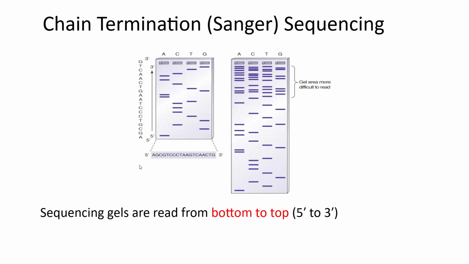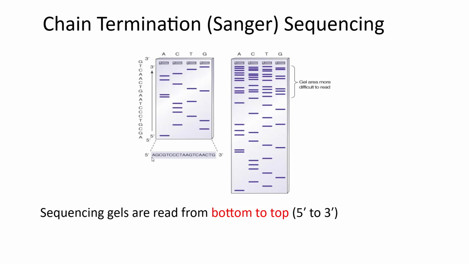If we incorporate a regular nucleotide, and let's say we only have A's in this tube, it's going to incorporate an A, and then another A and another A, and then it's going to incorporate the dideoxy A.